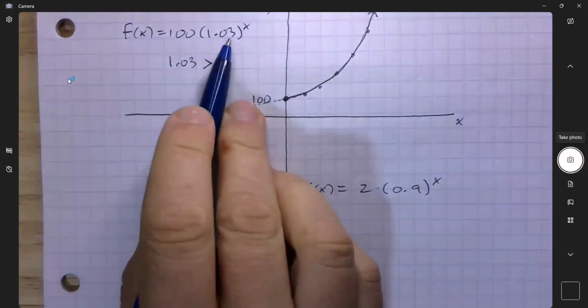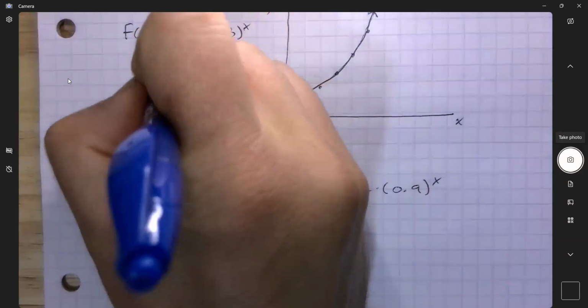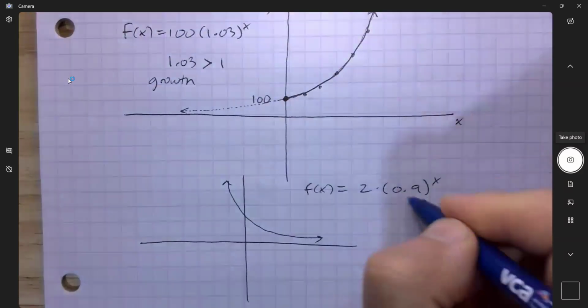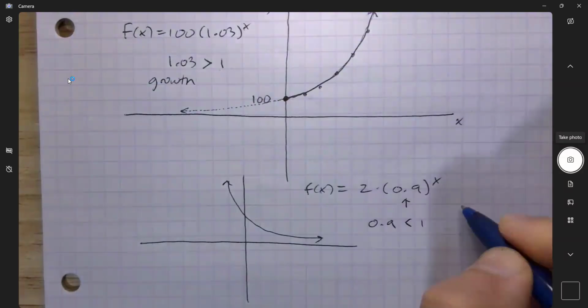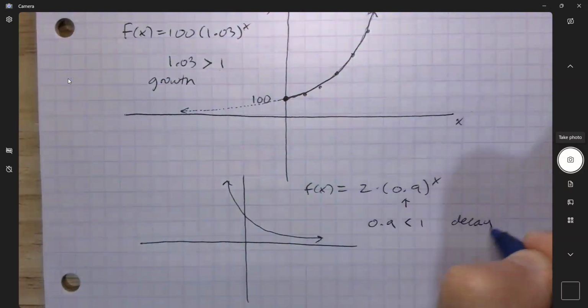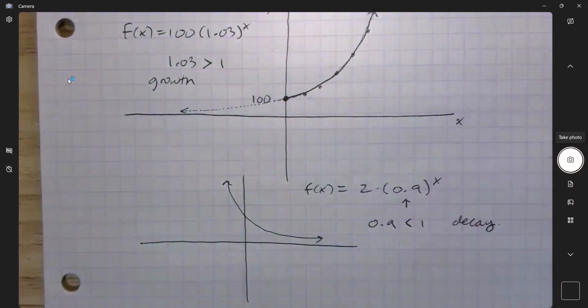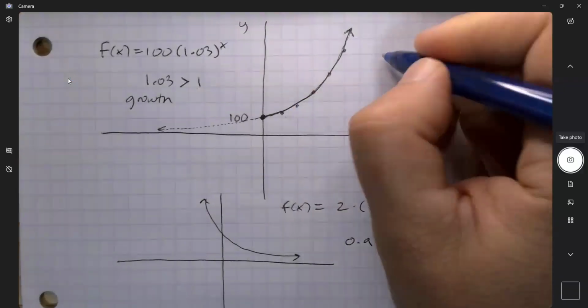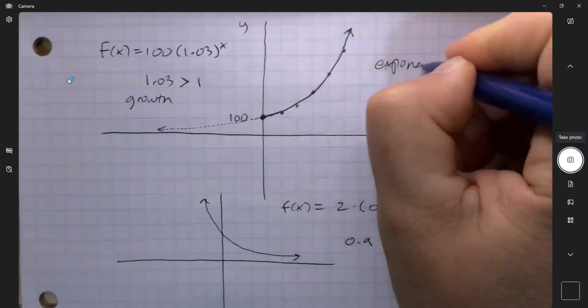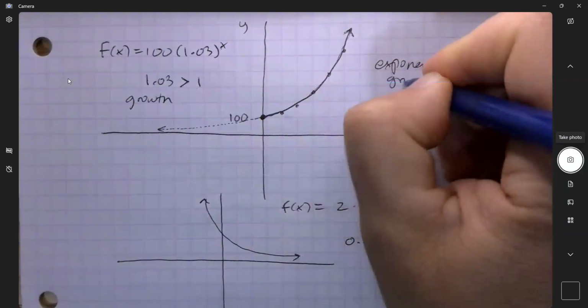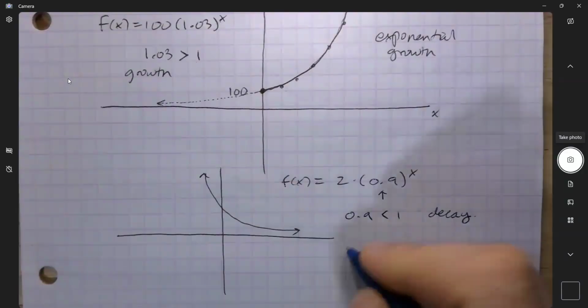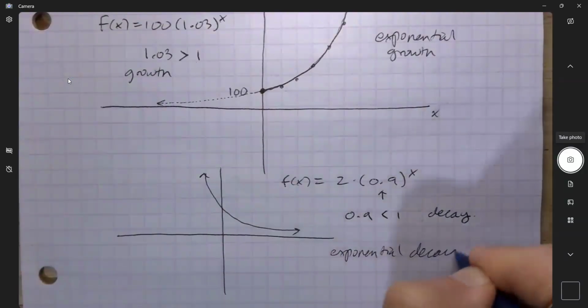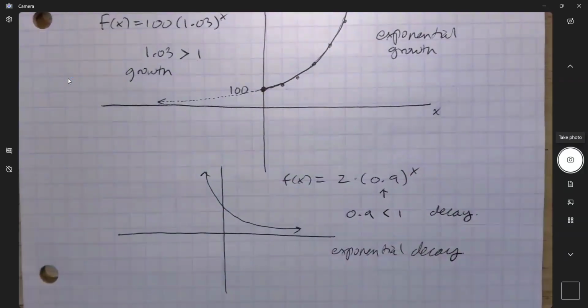So I'm multiplying and growing. And 0.9 is a number smaller than 1. So we say I'm decaying. So a graph that grows up and to the right is known as exponential growth. And a graph that goes down and to the right is known as exponential decay. But they both work off the same principle.